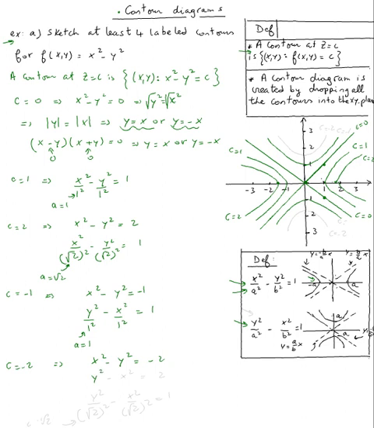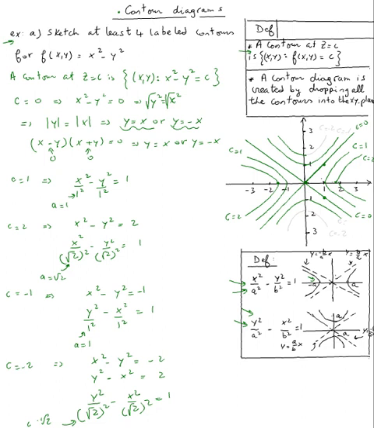Multiply everything by negative 1: y squared minus x squared is equal to 2, then divide by 2. You get 1, which is just square root of 2 squared, square root of 2 squared. So my a happens to be square root of 2. It's on the y-axis. Square root of 2 will be right here, 1.41.